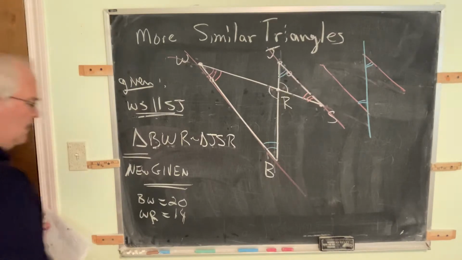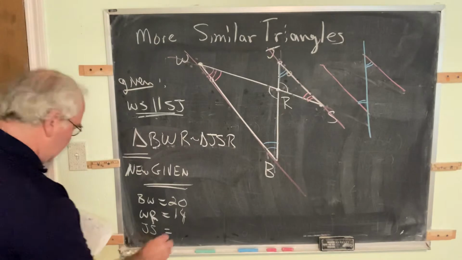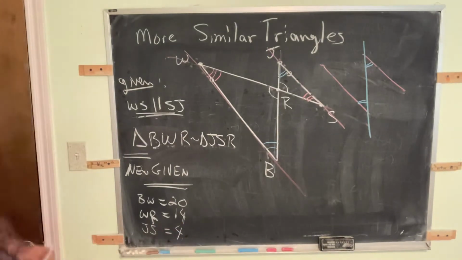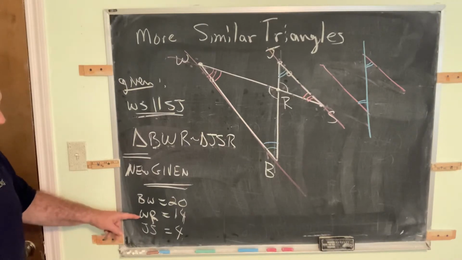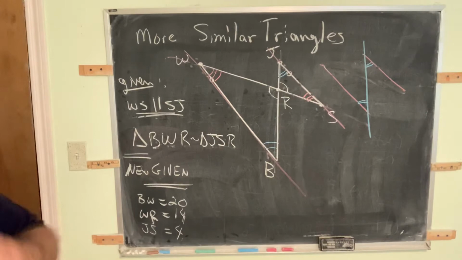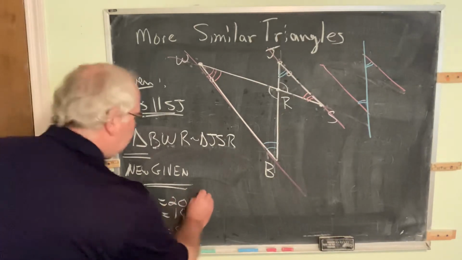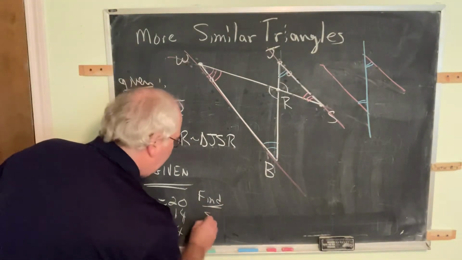And suppose we're given that JS is given to be 4. So we're given BW is 20, WR is 14, JS is 4. And what we're asked to do then is find the measure of SR.